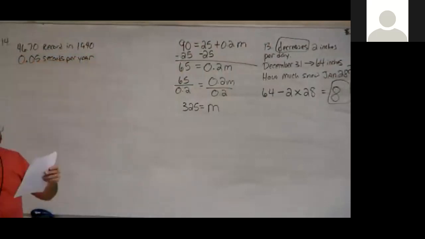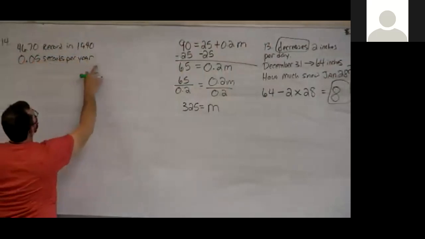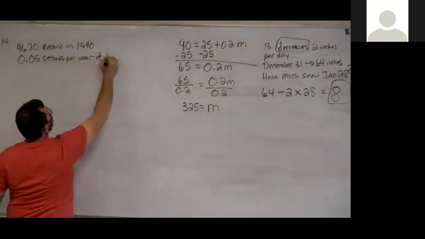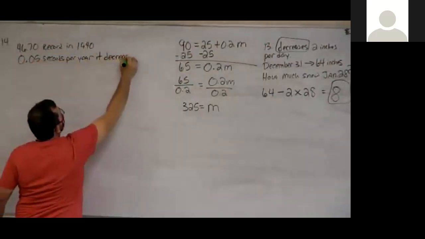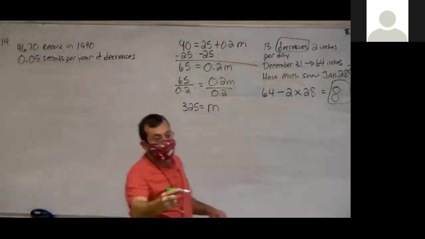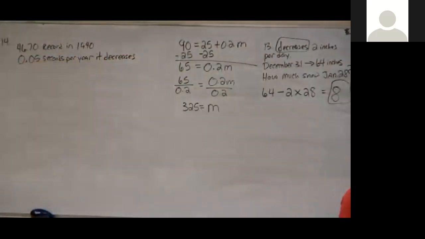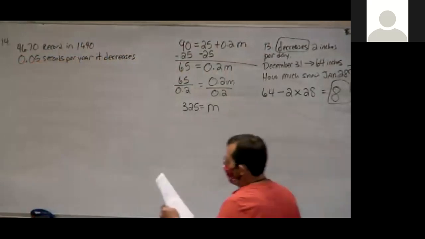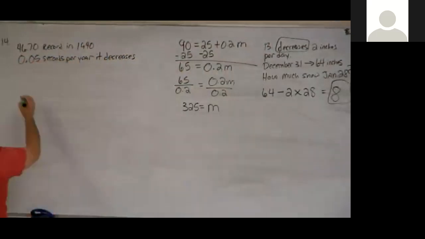So if it falls at a constant rate, that would be decreasing. So look for those kinds of words also, falling and rising and stuff, okay? They want to know, what does the model predict for 2013?